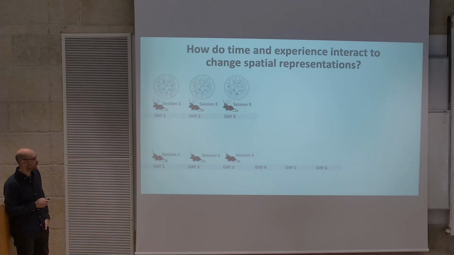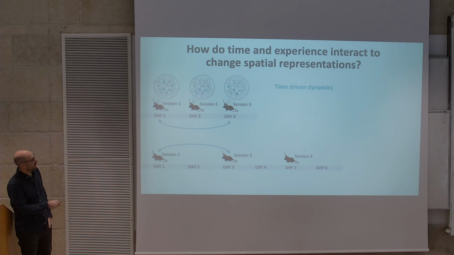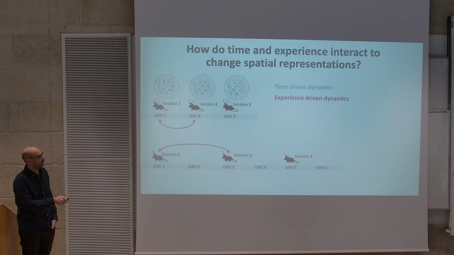We can address this question by doubling the interval between sessions, and now we can measure if we see the same difference between 2 sessions, irrespective of the amount of experience in between. This would suggest a time-driven dynamics. But if we see a similar difference for the same amount of experience and irrespective of the elapsed time between them, then this would suggest experience-driven dynamics.